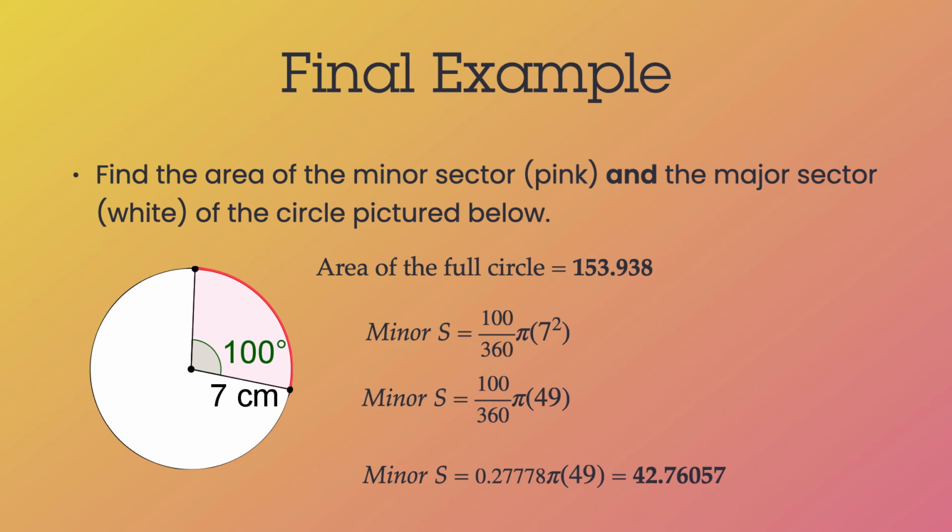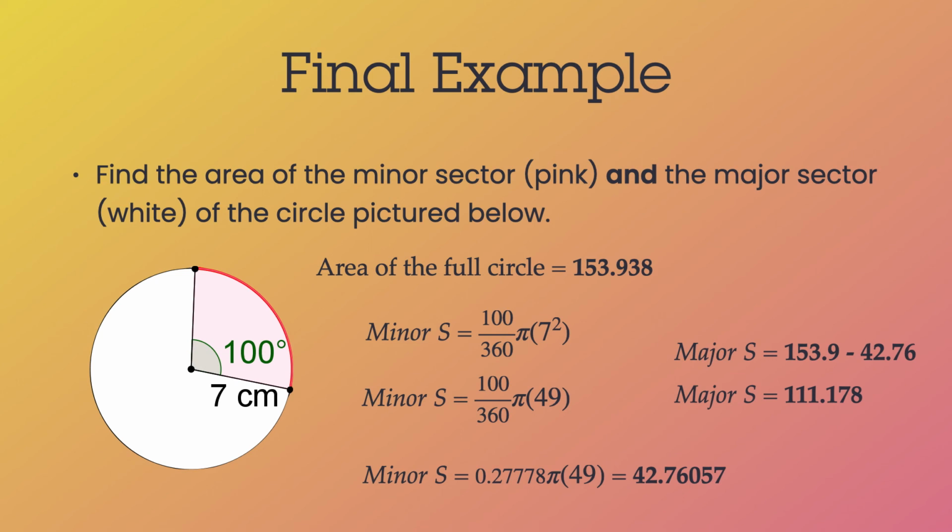We don't want to round it in the middle of our problem, and we still need to find the major sector. So remember, to find the major sector, we just take the full circle and subtract off the minor sector. So we know the full circle was 153.9-ish, and the minor sector was 42.76-ish. So we'll subtract those, and we get 111.178.